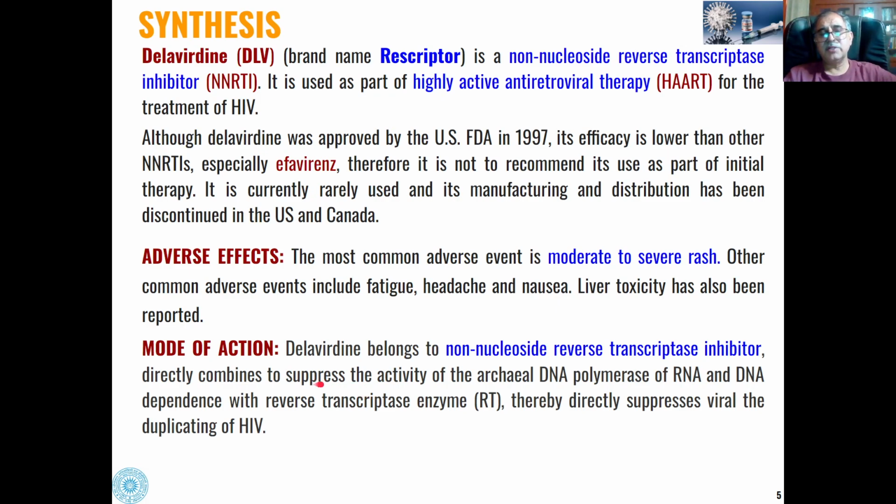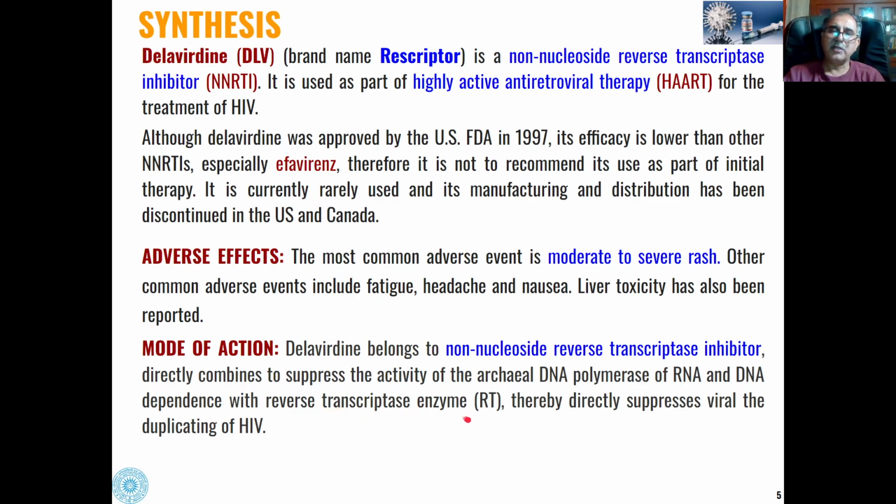They directly bind to suppress the activity of the RNA and DNA dependent DNA polymerase of the reverse transcriptase enzyme.